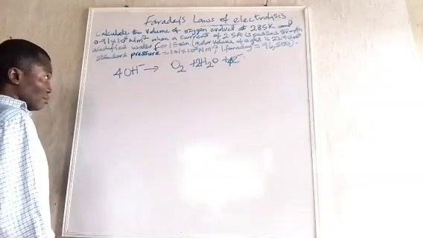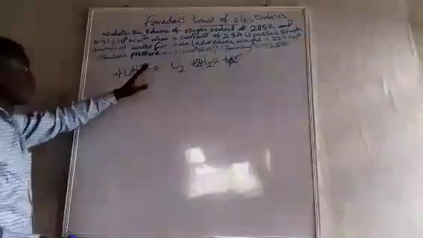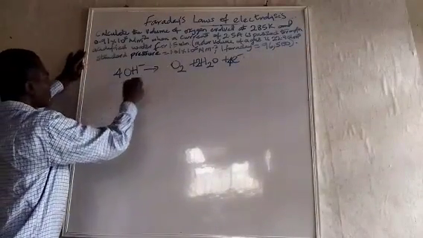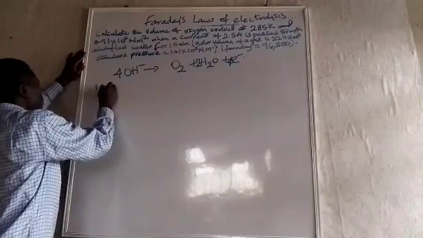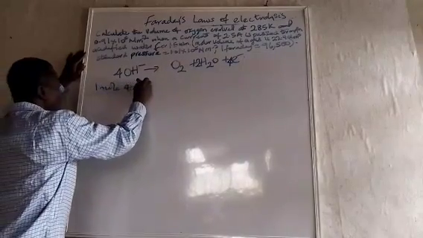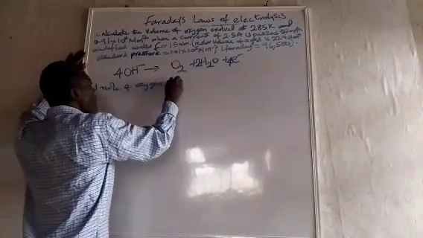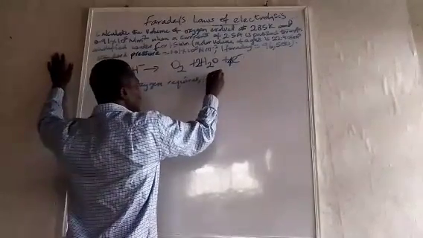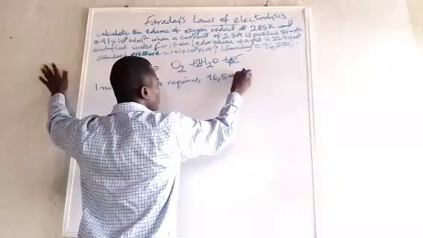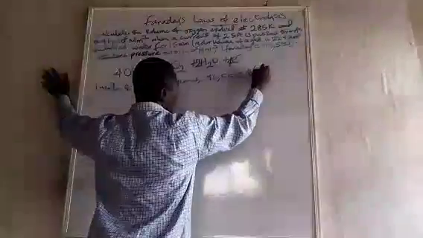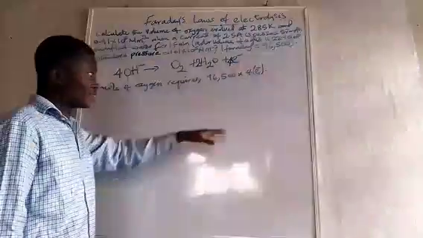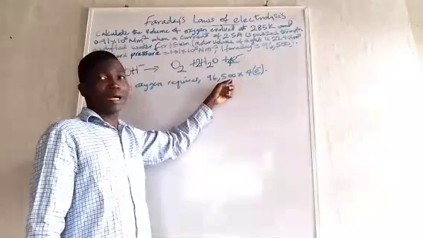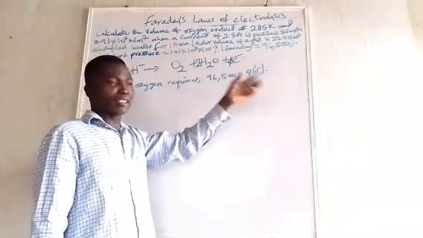Now let's quickly find out how many moles of oxygen will be given. I emphasize that it is the moles of electron that will determine how many Faraday you will use.